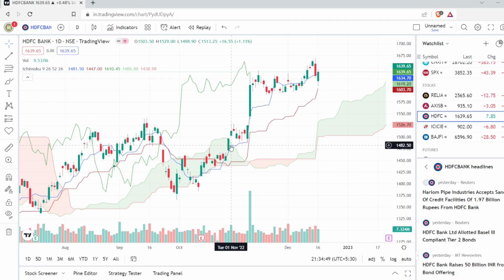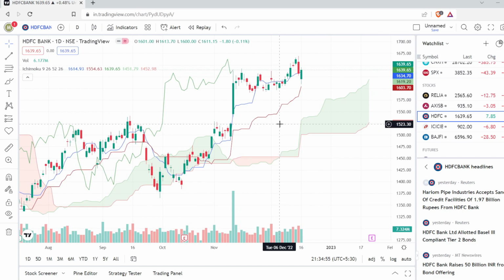Number one is, when the price crosses a Kumo cloud, you should take a trade. Okay. The conversion line should be above the baseline. Number two, the lagging span should be above the price, 26 day before price, it should be above that.